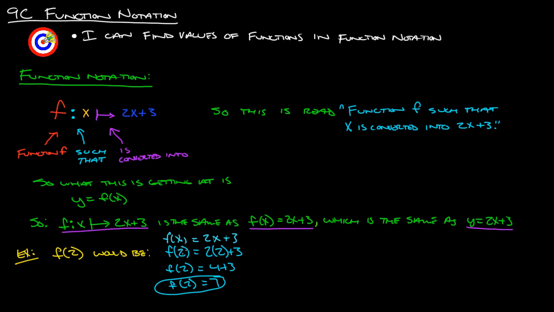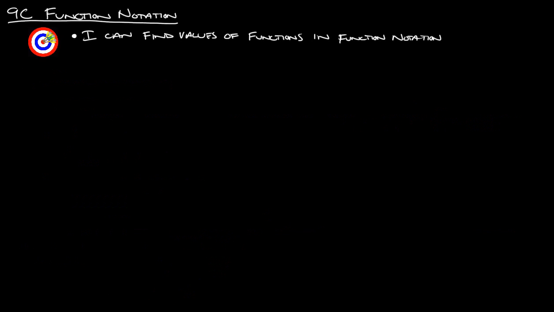So what you're doing is wherever you see an x, now you plug in 2. So this x turns into a 2 as well, and you get the function of 2 is 2 times 2 is 4, plus 3 gives us 7. So the function of 2 is just 7. All right? Let's take a look at another example.